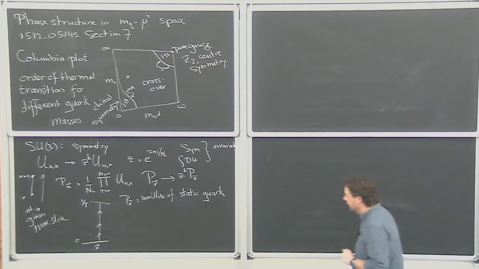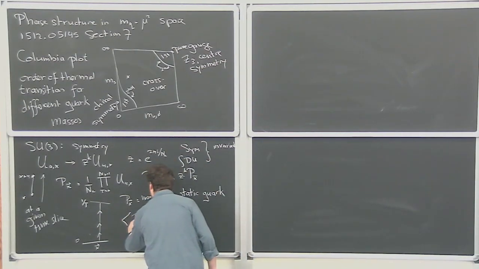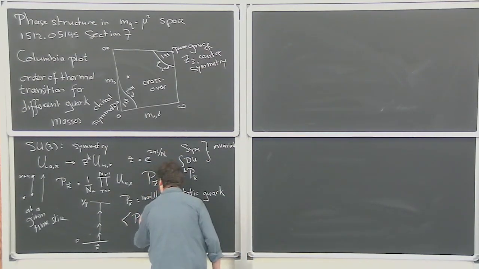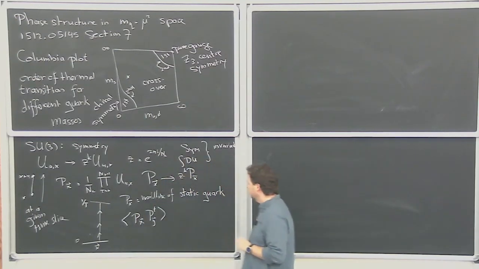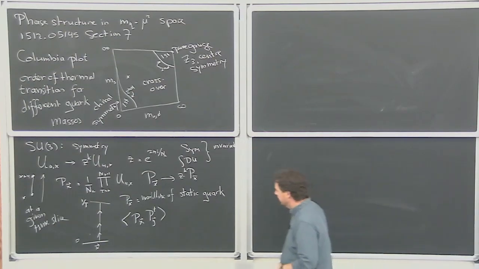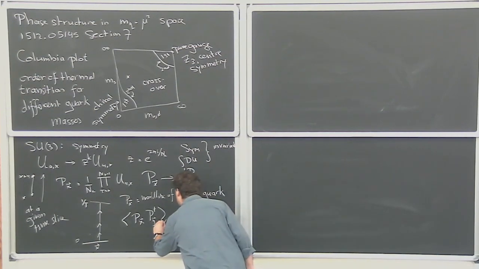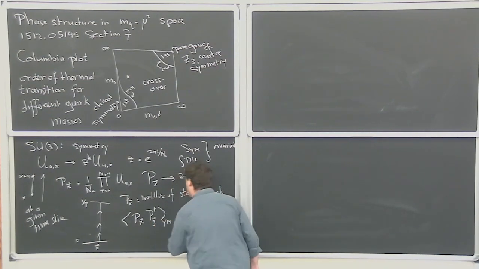Then we made a connection with confinement by saying, suppose we have two static quarks, and I want to compute how they are correlated, say a quark and an anti-quark, at two different space points x and y, in the Yang-Mills theory.